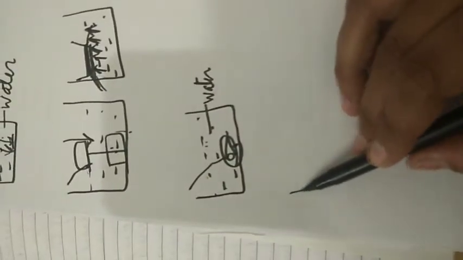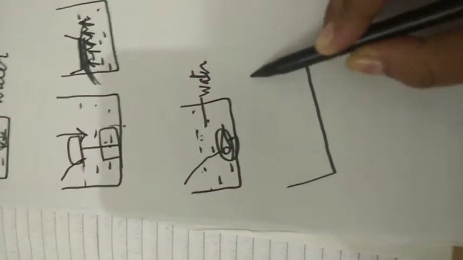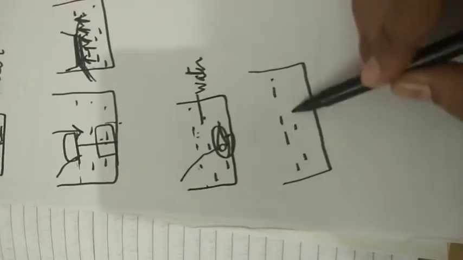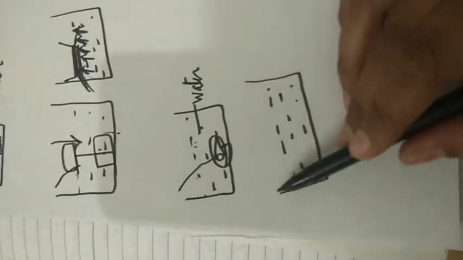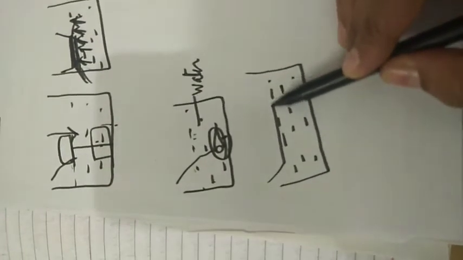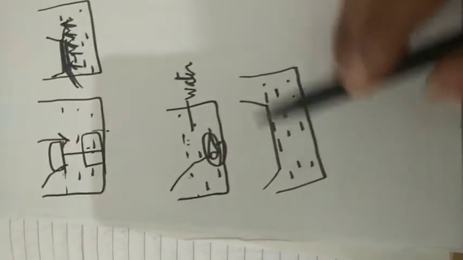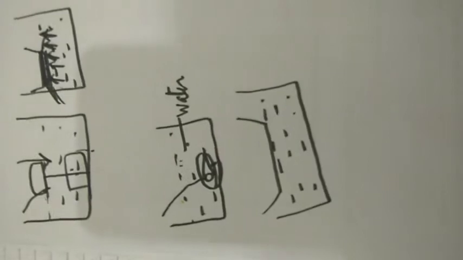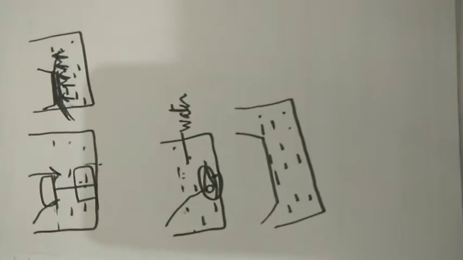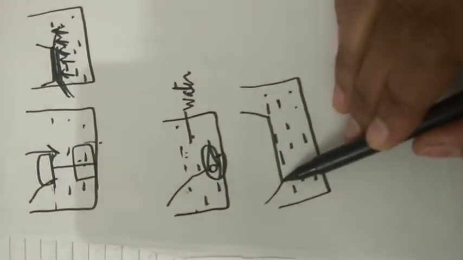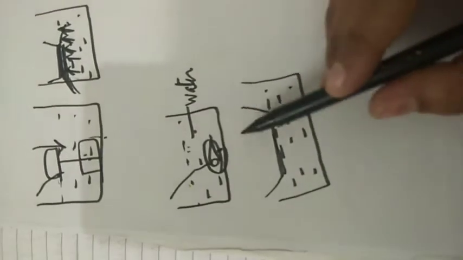But when there is a big water body, for example a river or ocean, you can see the iron ship made of iron, or submarines, they just float in the water. What is the reason?